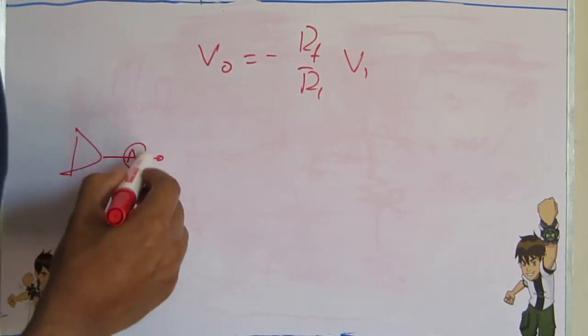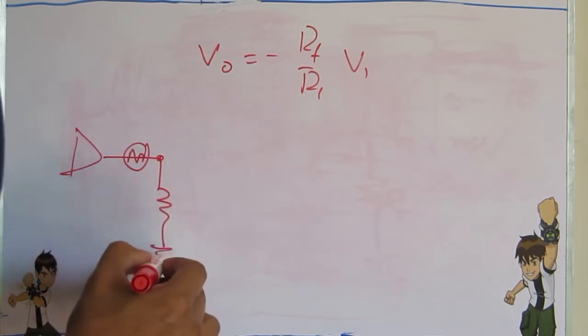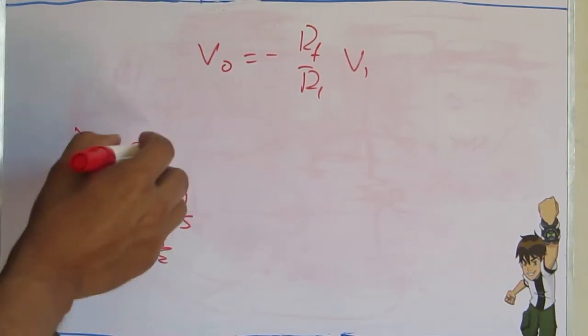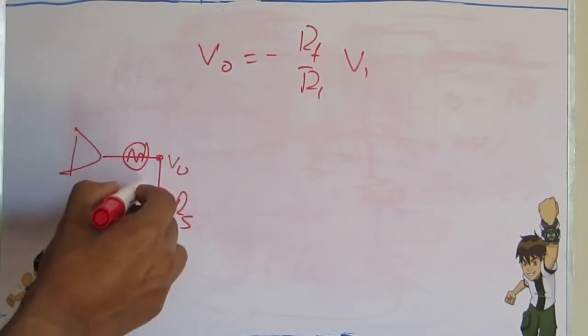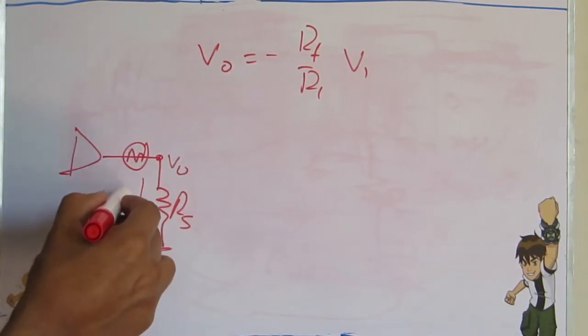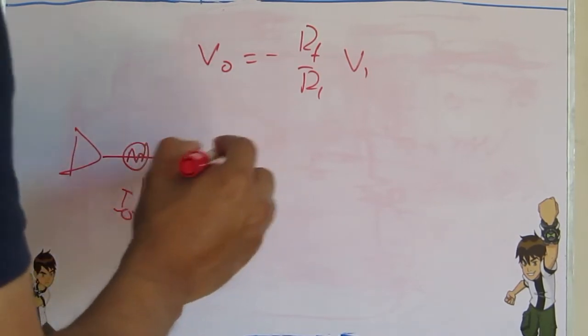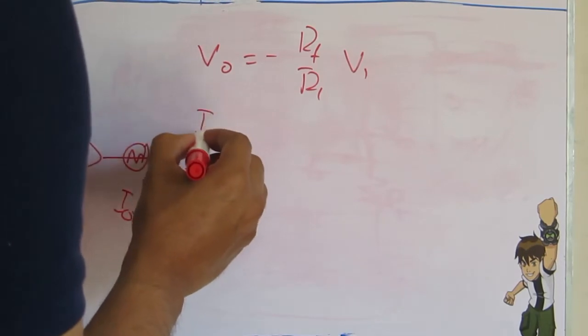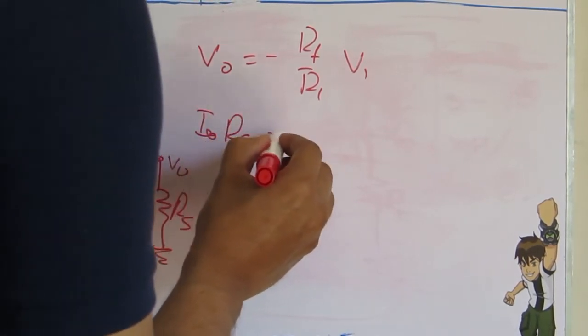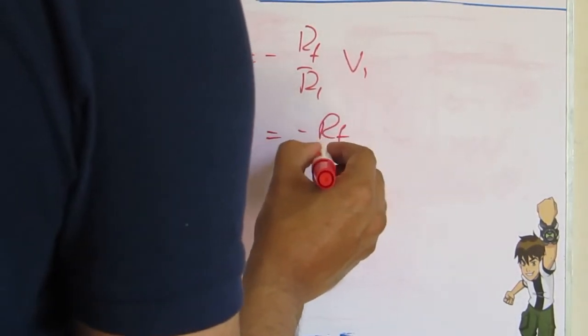This was our meter and this is our RS. So we can say that this V0 is equal to the current through RS, I0 into RS.